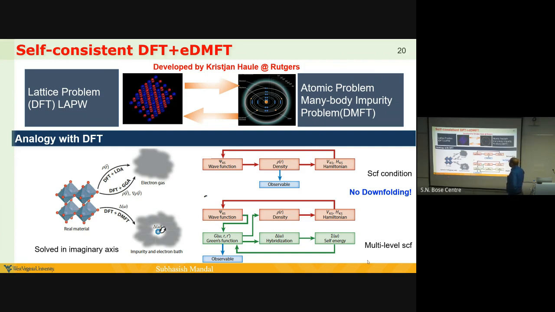One important thing for the experts in the audience: we do not use any downfolding. Although DMFT is a model Hamiltonian approach, typically it is downfolded to Wannier orbitals and then solved. But since we use this LAPW method, where you do not need Wannier orbital projection, we can project into the atomic orbitals, and we do not need any downfolding.